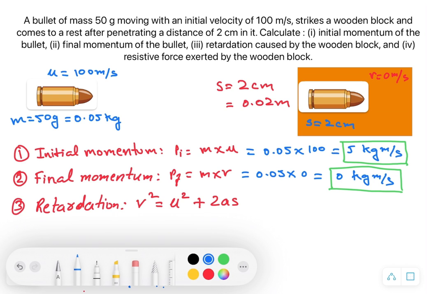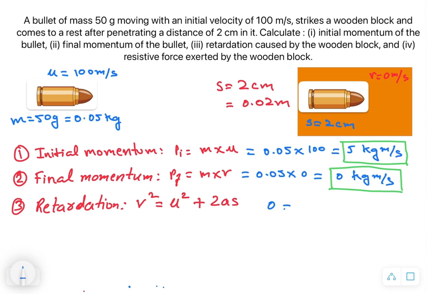Now let us substitute the values. V square is 0 because the final velocity is 0. U square is 100 square plus 2 multiplied by A multiplied by 0.02.